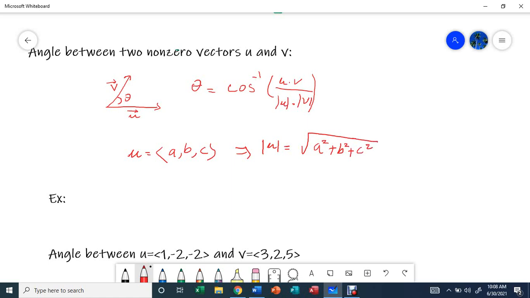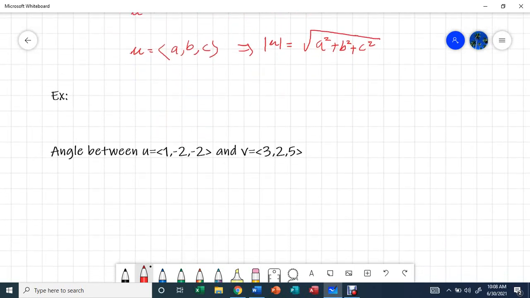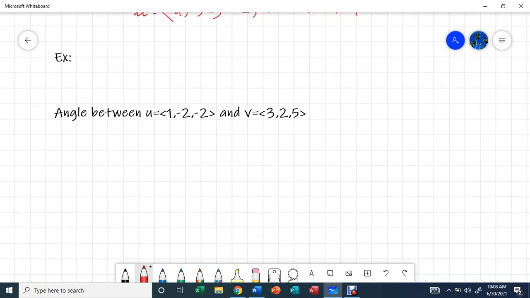So this is the formula to find the magnitude of a given vector. Let's go over an example so we can better understand this formula and how to use it to find the angle between two vectors.